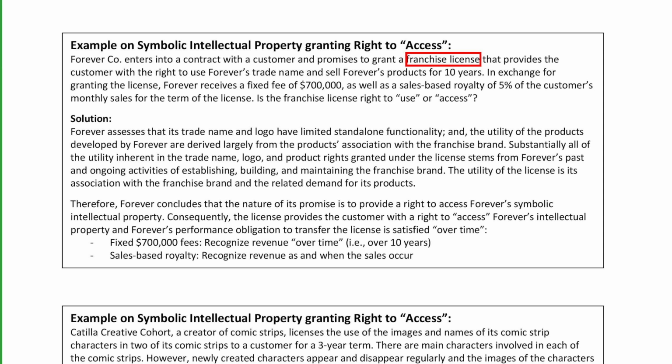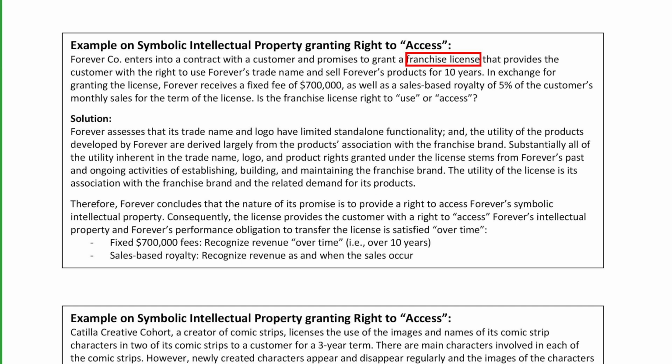In exchange for granting the license, Forever receives a fixed fee of $700,000 as well as a sales-based royalty of 5% of the customer's monthly sales for the term of the license.